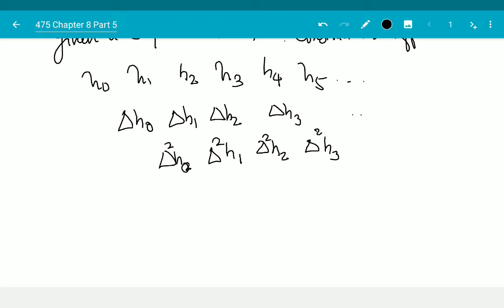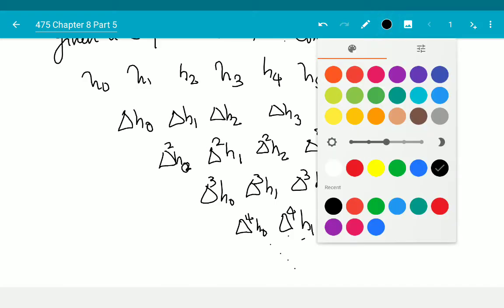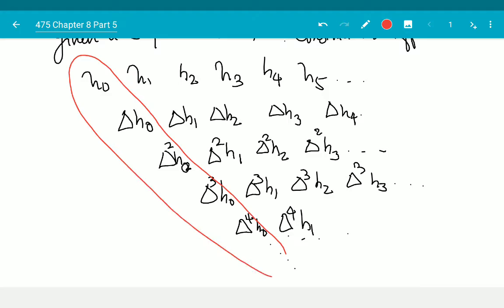Delta h3 and delta h4, and so on. I'm going to get delta cubed h0, delta cubed h1, delta cubed h2, delta cubed h3, and so on, delta to the 4 h0, and so on. I'm going to get some terms here, some terms there, delta to the 4 h1, whatever. The sequence that I'm going to get is called the difference diagonal.